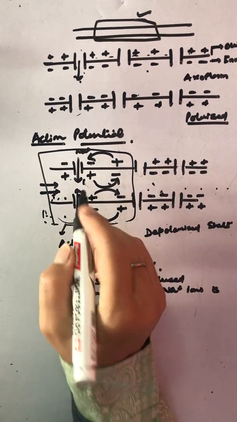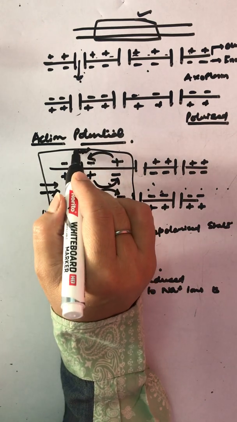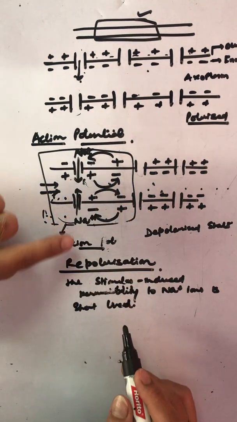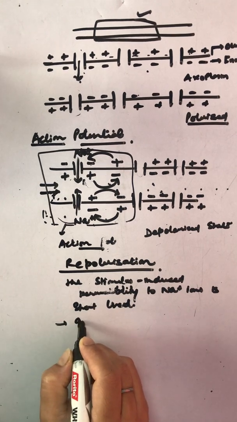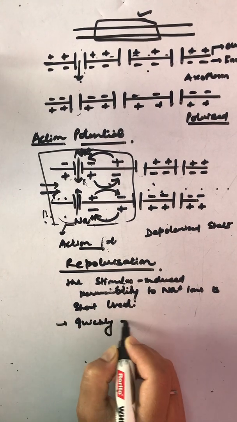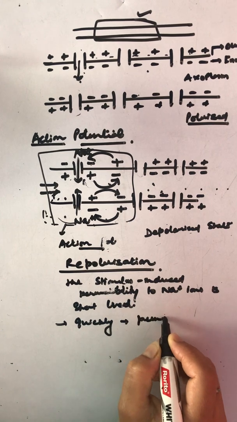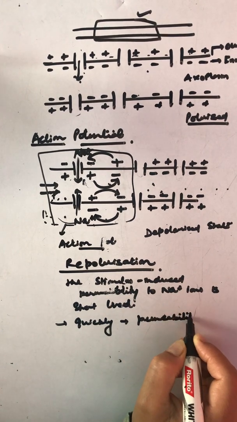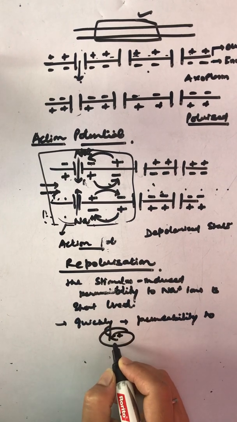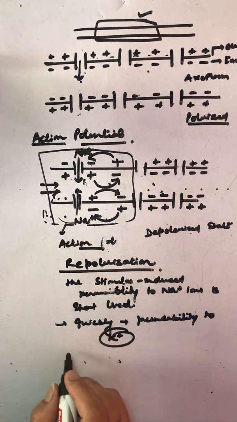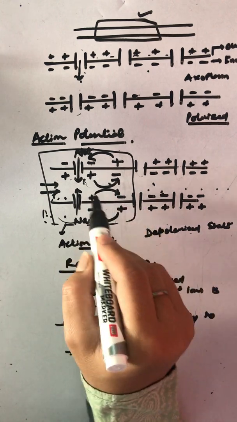These sodium ions that have entered are very, very short-lived. This permeability has to get reversed. So what will happen? It will quickly be replaced by permeability to potassium ions. And when this happens, the entire process reverses.